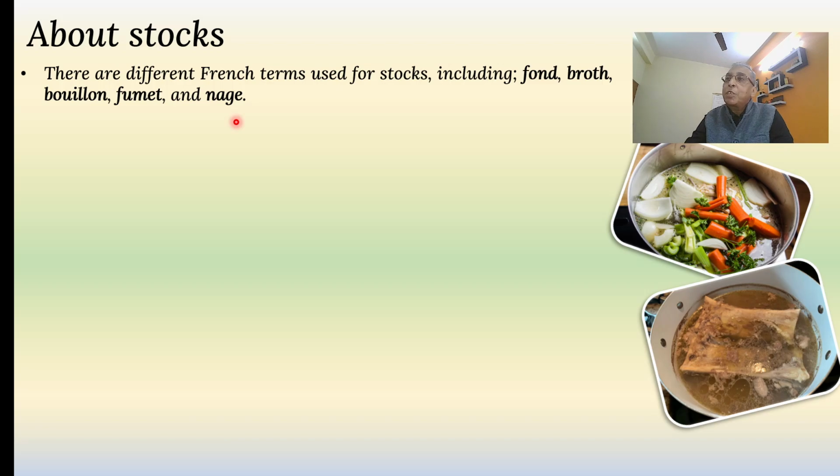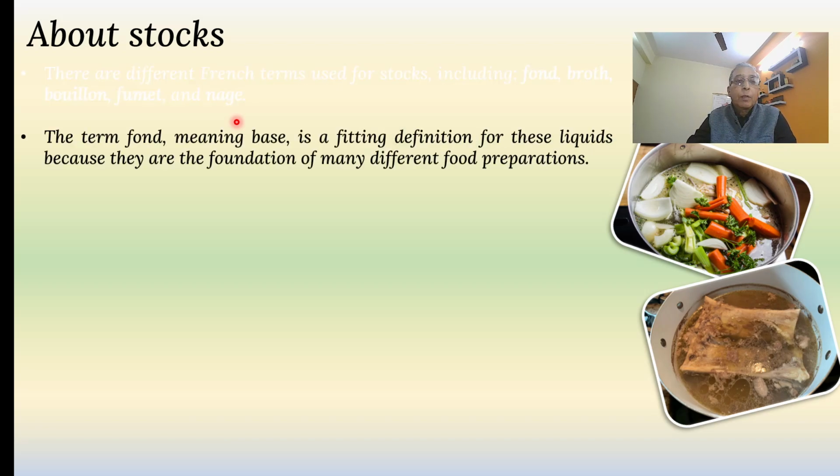These are the basic terms used for stock. The term fond, meaning base, is a fitting definition for these liquids because they are the foundation of many different food preparations. So the word foundation comes from the French word fond. It means it is used as a base liquid for many preparations.